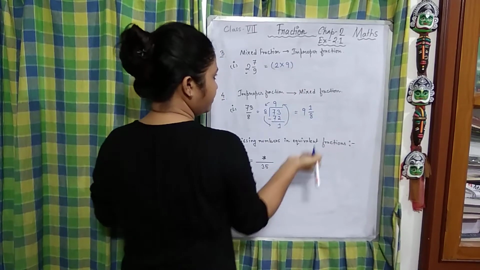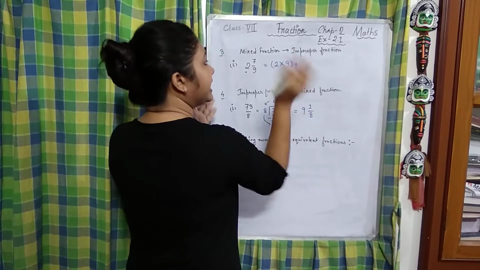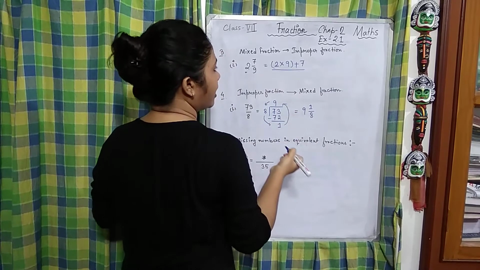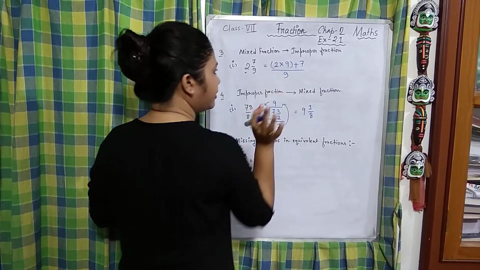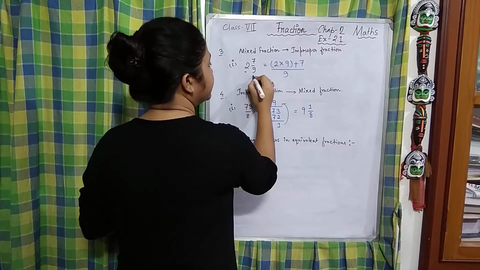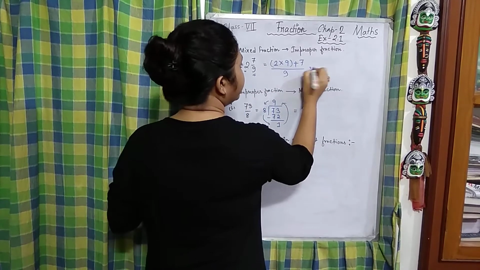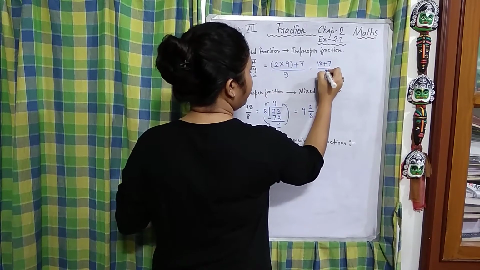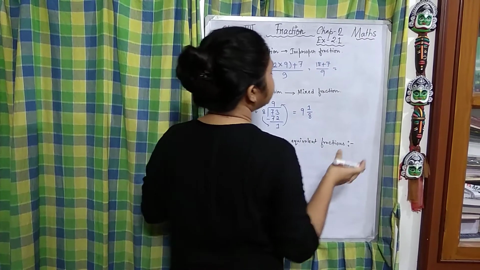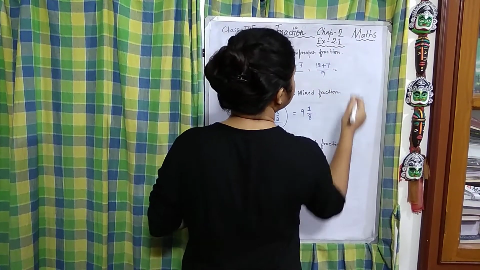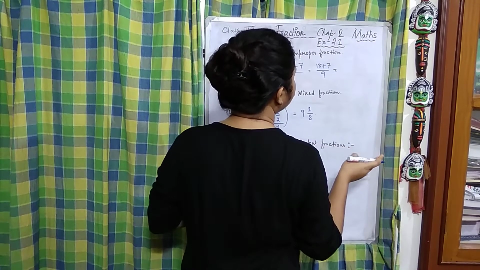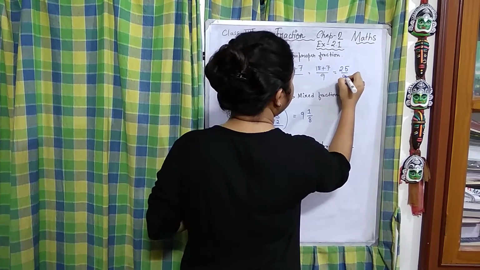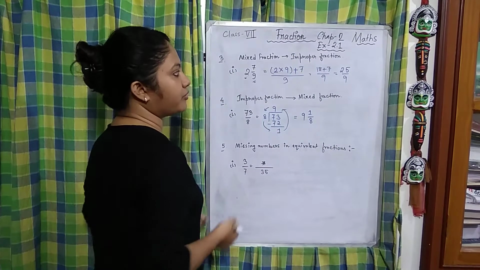So 9 into 2, plus the existing numerator, that is 7, and then we end with the denominator, which will remain the initial denominator, that is 9. So 9 2s are 18, 18 plus 7 by 9. So 18 plus 7 gives us 25 by 9. So this is the improper fraction.